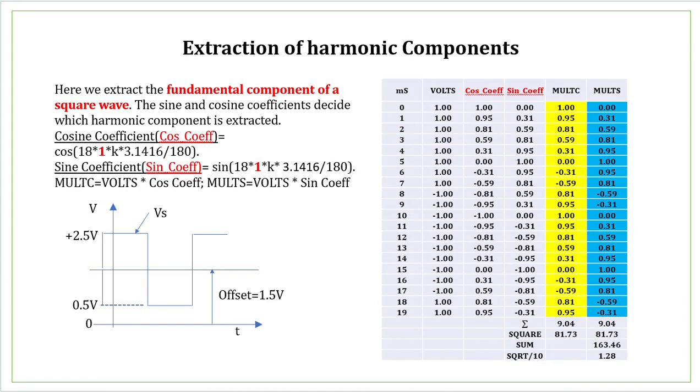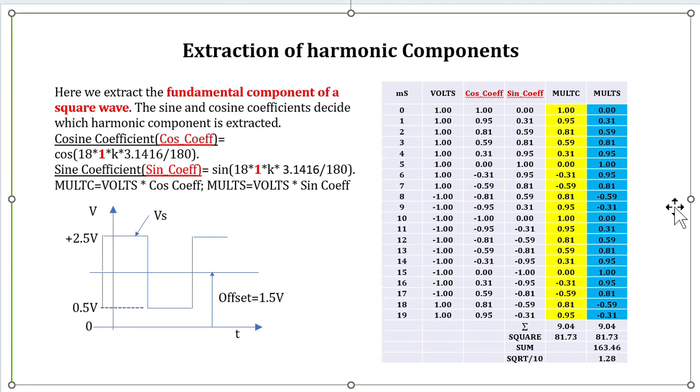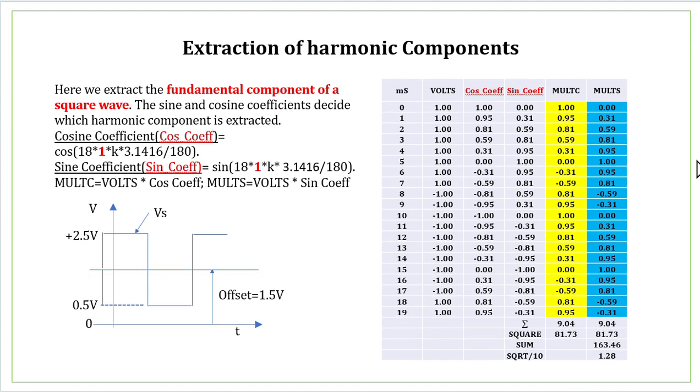So I come here. Here, what we have done just now is again shown in a small compact form. So the cosine coefficient is cos of 18 into 1 into k into 3.1416. 3.1416 stands for pi, and this is 180 degrees. Similarly, the sine coefficients. Don't make any mistake here.